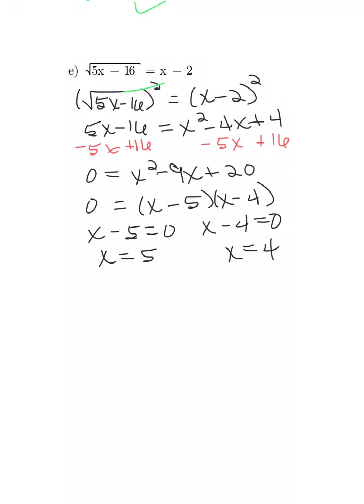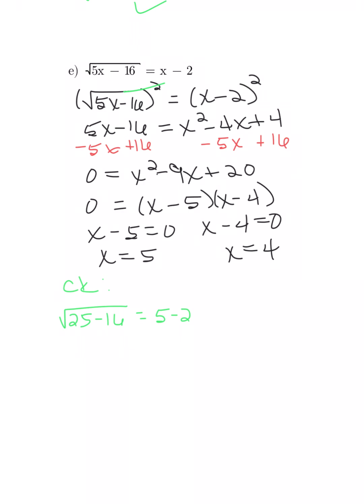Remember, you must check solutions. If we put 5 into that original problem, we will have the square root of 25 minus 16 equals 5 minus 2.